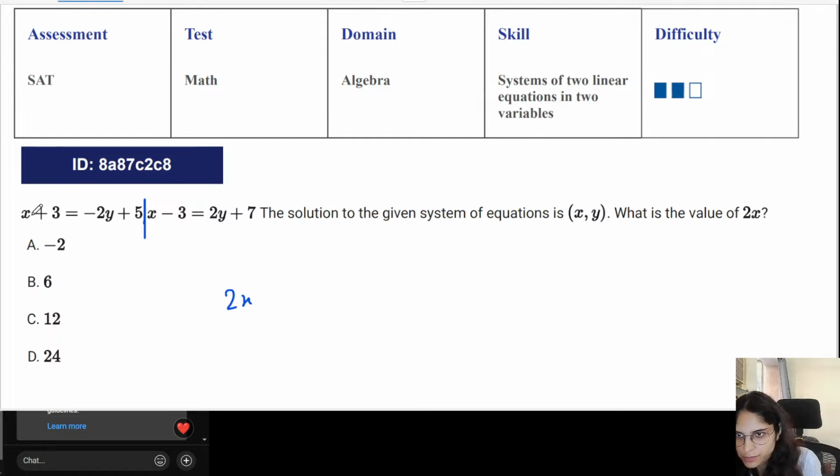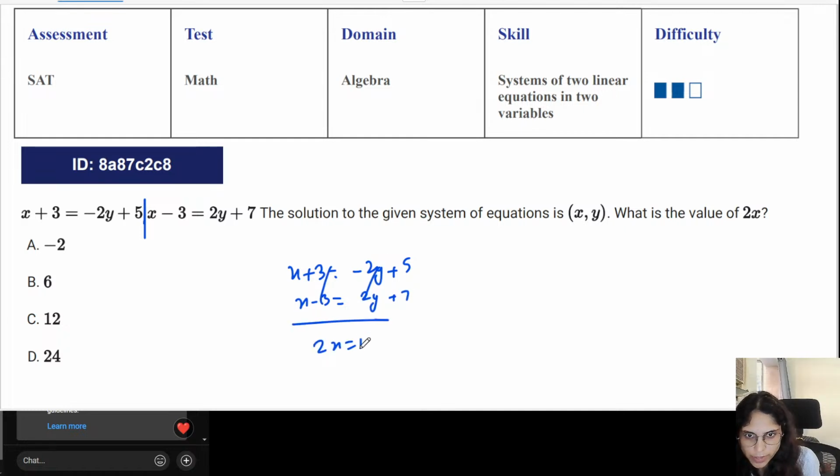So just add the equations. 2x is 12, so your answer is 12. I am not doing Desmos because you know how to use Desmos. I'm just telling you alternate methods of solving these questions in a faster way, even faster than Desmos.